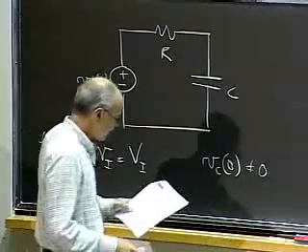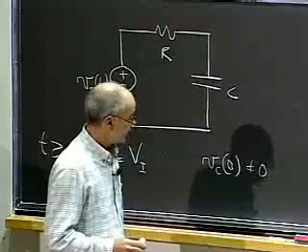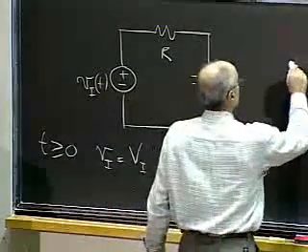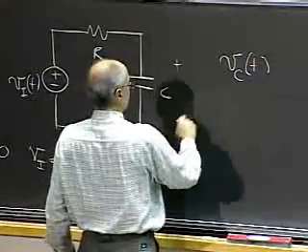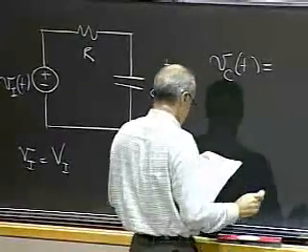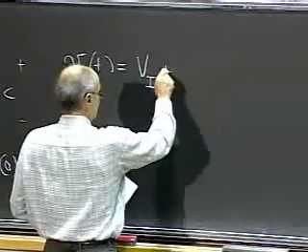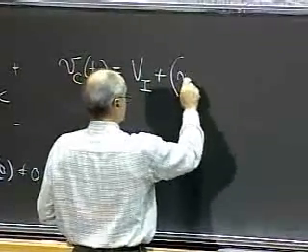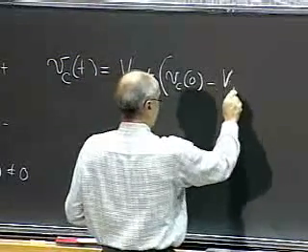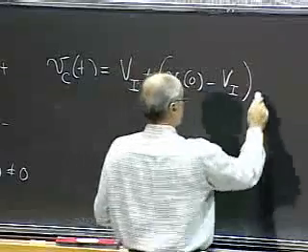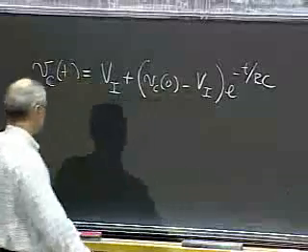Given that, we learned how to write down directly, without messing around with differential equations, the answer for the voltage on the capacitor. Vc of t, let me define also my Vc, it's right here, is equal to Vi, the final value, plus Vc of 0, the initial value on the capacitor, minus the final value, times e to the minus t over RC.